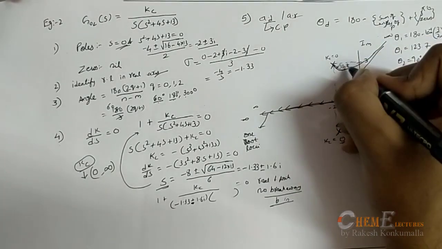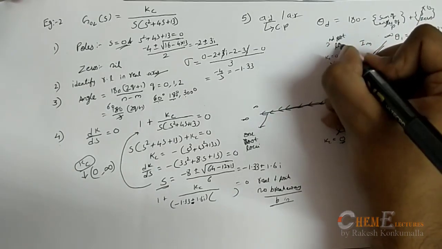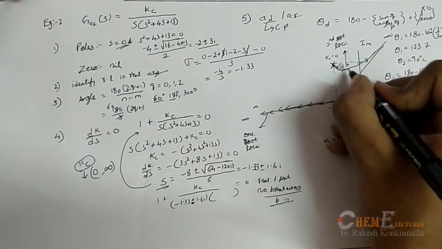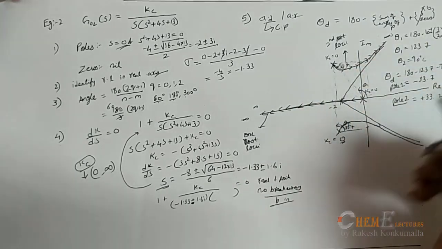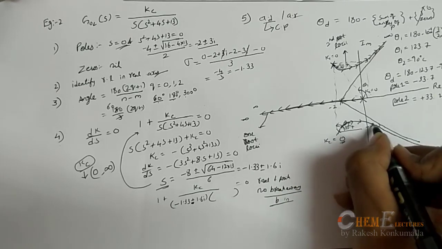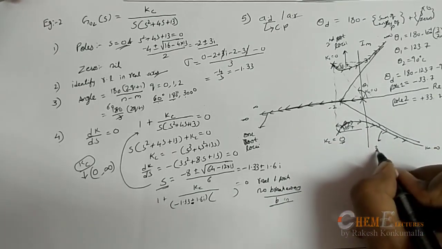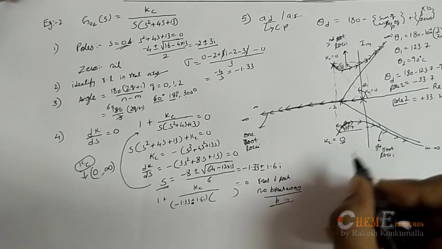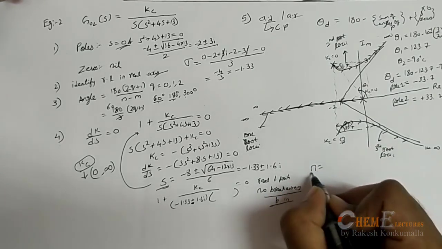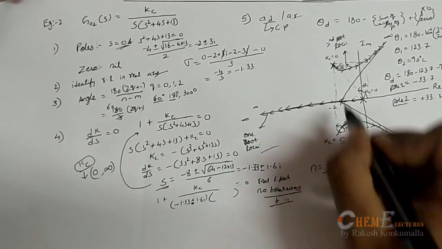This will be my second root loci. You need to show the direction from k 0 to infinity, and this will be my third root loci. As I told you, the total number of root loci is the number of poles, which is 3. Now we got total 3 root loci.